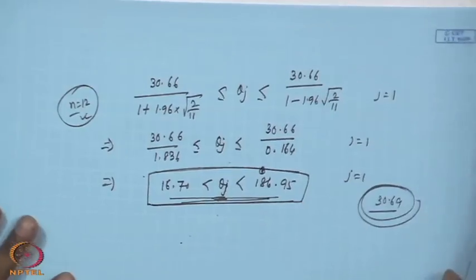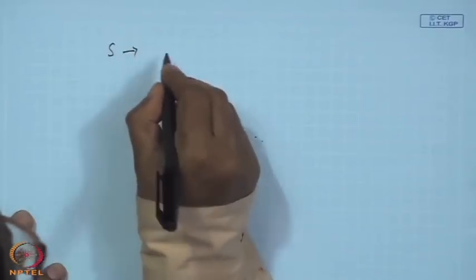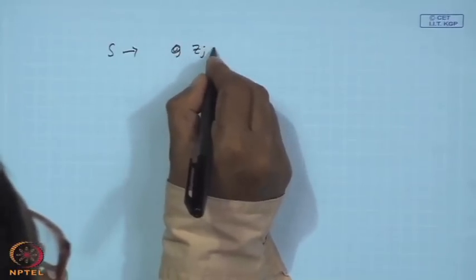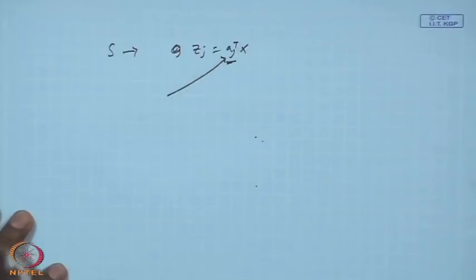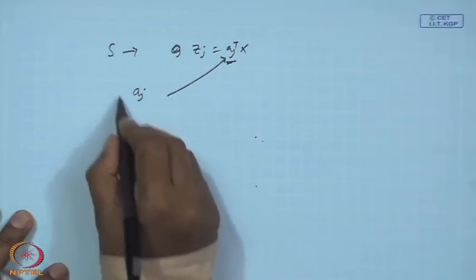Okay. Now, another one is that, similarly using S, we found out Zj equal to Aj transpose X. Now, this Aj you have found out the value of, but that is the sample Aj.